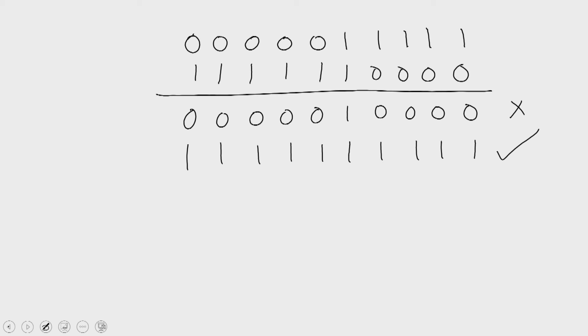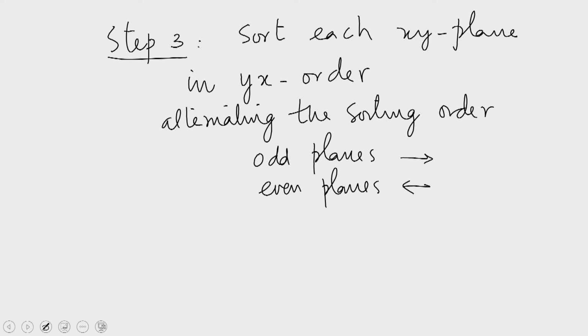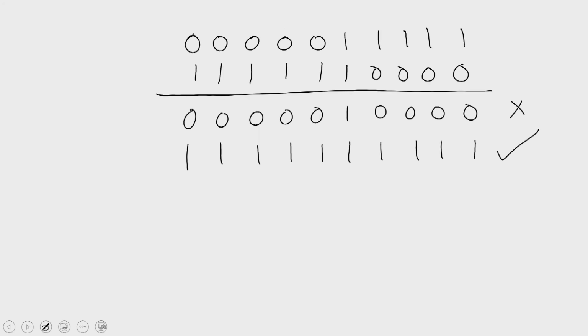The situation here is that we have two dirty xy planes, but we do not know which two they are. Therefore, we sort every xy plane in yx order, alternating the sorting order. The odd planes are all sorted in one direction, the even planes in the opposite direction. Then the two dirty xy planes will be in a situation similar to those two rows.